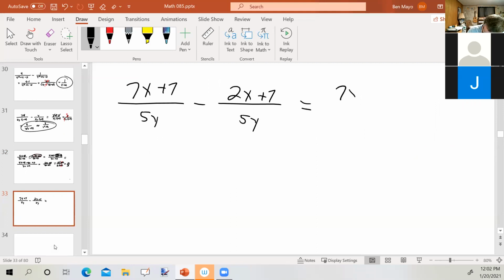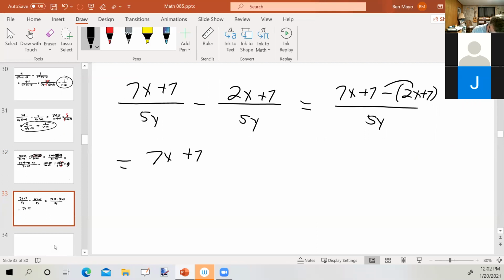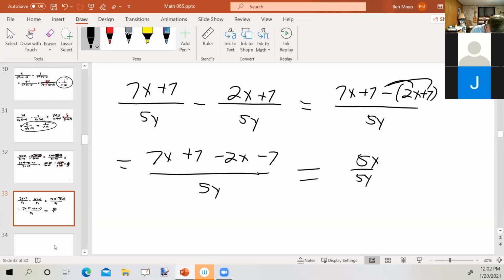So that's going to be 7x plus 7 minus the quantity 2x plus 7 over 5y, which will be 7x plus 7 minus 2x minus 7 over 5y, which is 5x over 5y, which reduces down to x over y.